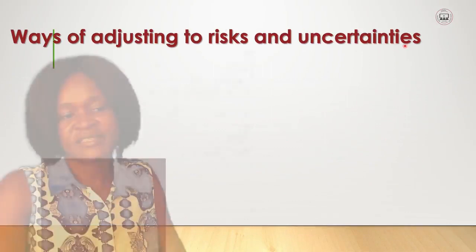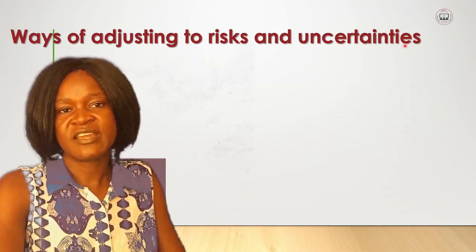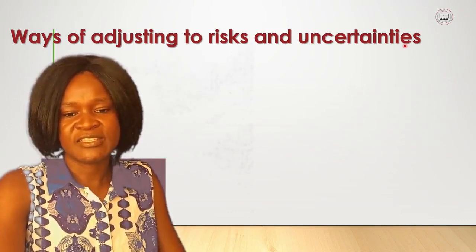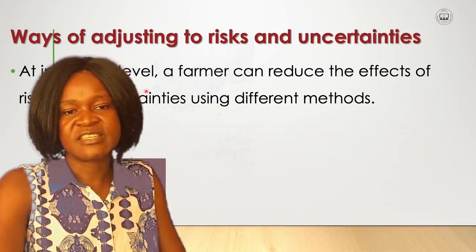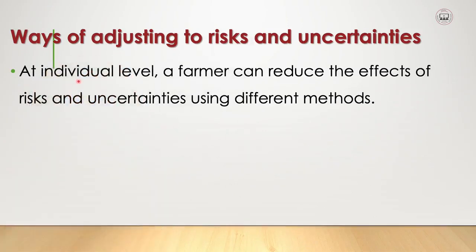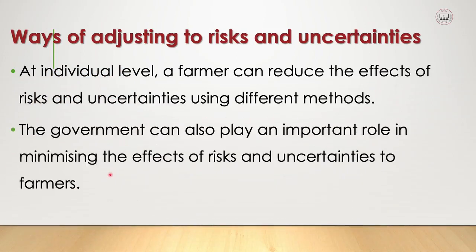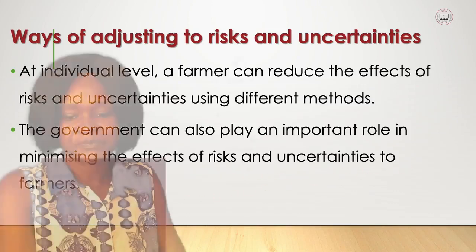So there are ways through which these risks and uncertainties can be adjusted. They can be adjusted at individual level, meaning a farmer can reduce the effects of the risks and uncertainties using different methods. But apart from that, even the government can also play an important role in minimizing the effects of risks and uncertainties to farmers.